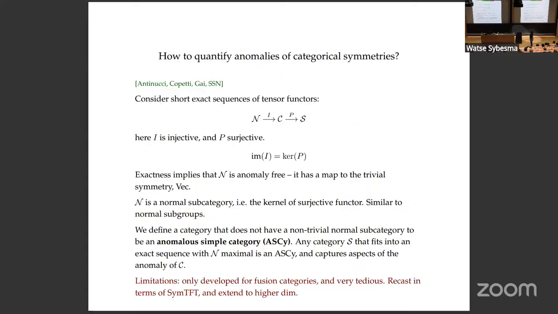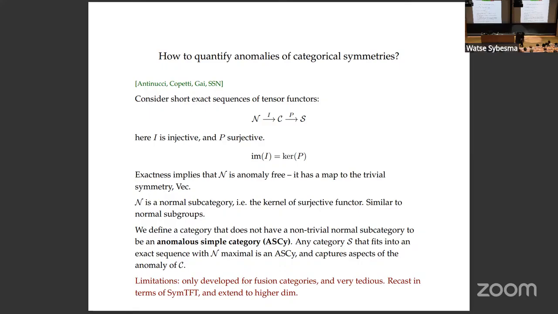Now, that's telling us how two sets of symmetries could be consistent with UV and IR. It doesn't tell us yet what is actually the measure of that anomaly. And for this, we need to look at a short exact sequence of such functors. So C is our symmetry category. And now, like with groups, you can embed a category and you can project.